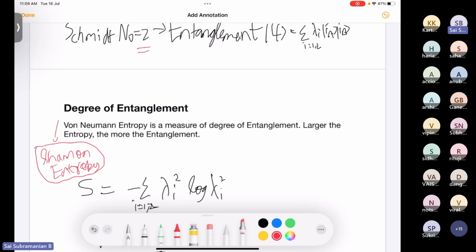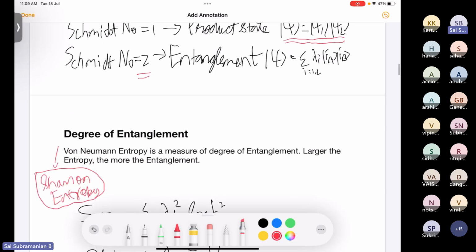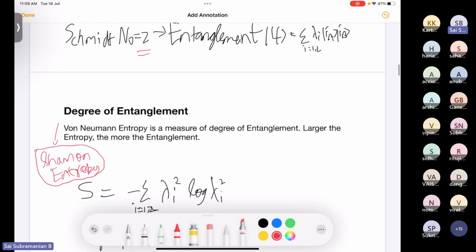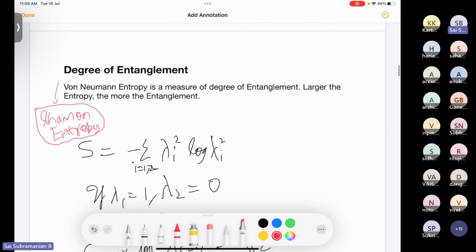If not, for us it is just a way to see how much entanglement is there. So the larger this entropy, the more entanglement there is. The way we define this is just in terms of Schmidt numbers. Doesn't matter the basis we're using, and it is just minus the sum over the two i values, lambda i squared log of lambda i squared.